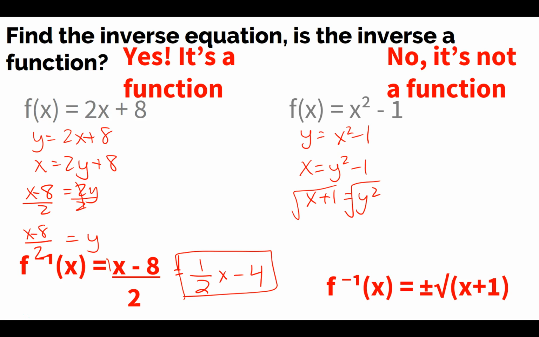We're going to find out why here in a second. A hint might be what we did yesterday. Like if I asked you for the domain of 1/2 x minus 4, what would you have told me yesterday? The domain of a line. What's the domain of a line? Negative infinity to positive infinity. What did we say the domain was yesterday if we had a square root going on?